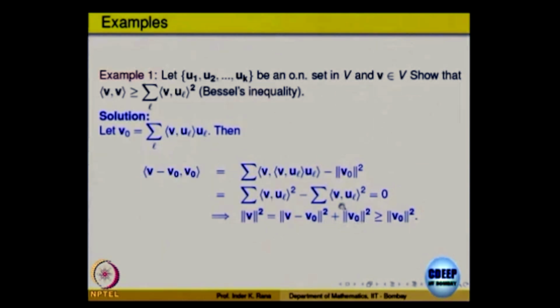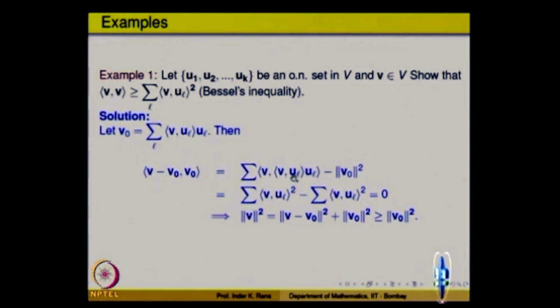If you drop one of these terms, there is a sum of two squares on this side, we will get bigger than or equal to, nothing more than that. Basically what we are saying is these Uls are mutually orthogonal, right. So look at this and expand.